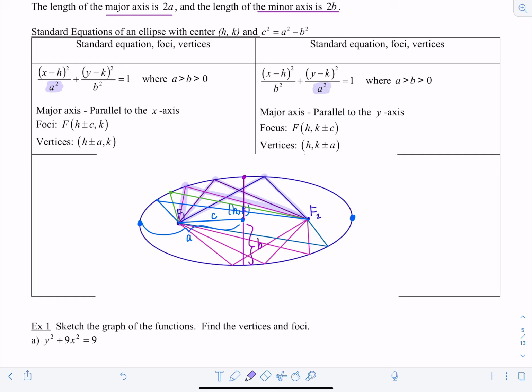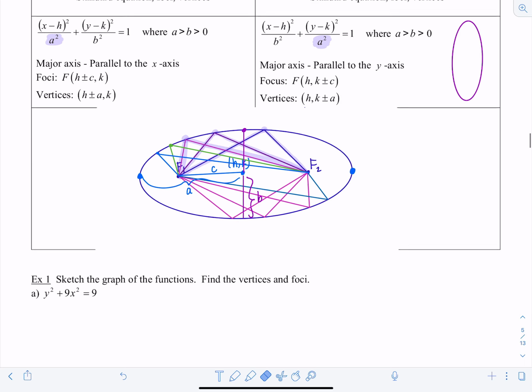If a squared is under (y minus k) squared, then that means your ellipse is elongated, or the major axis lies parallel to the y-axis. Oh no, it doesn't look a thing like that. It's still an ellipse like this. Okay? And then don't memorize where the foci and the vertices are. I will help you in the examples understand how to set them up, and you'll be fine.